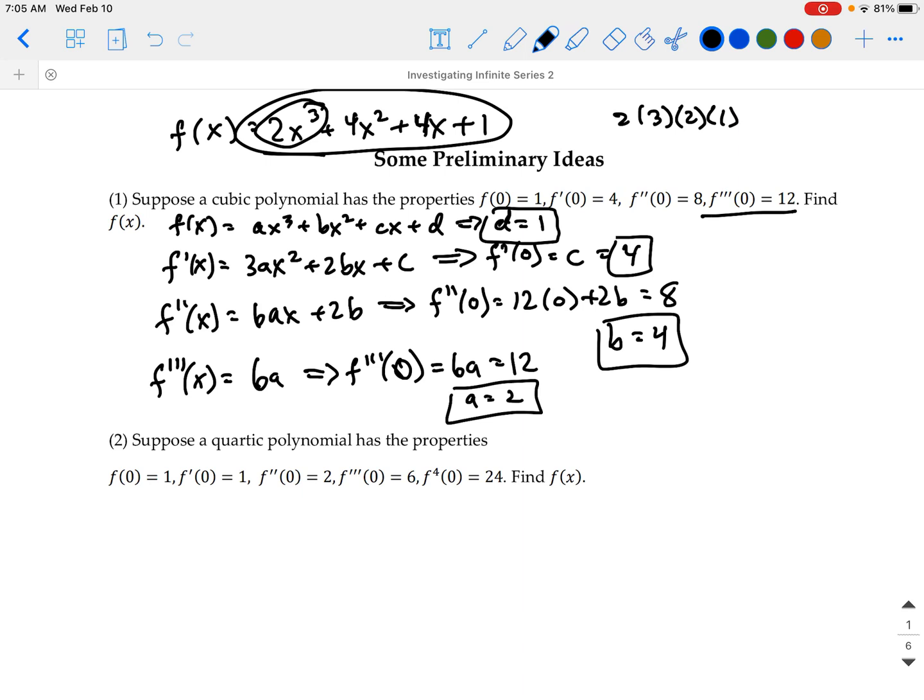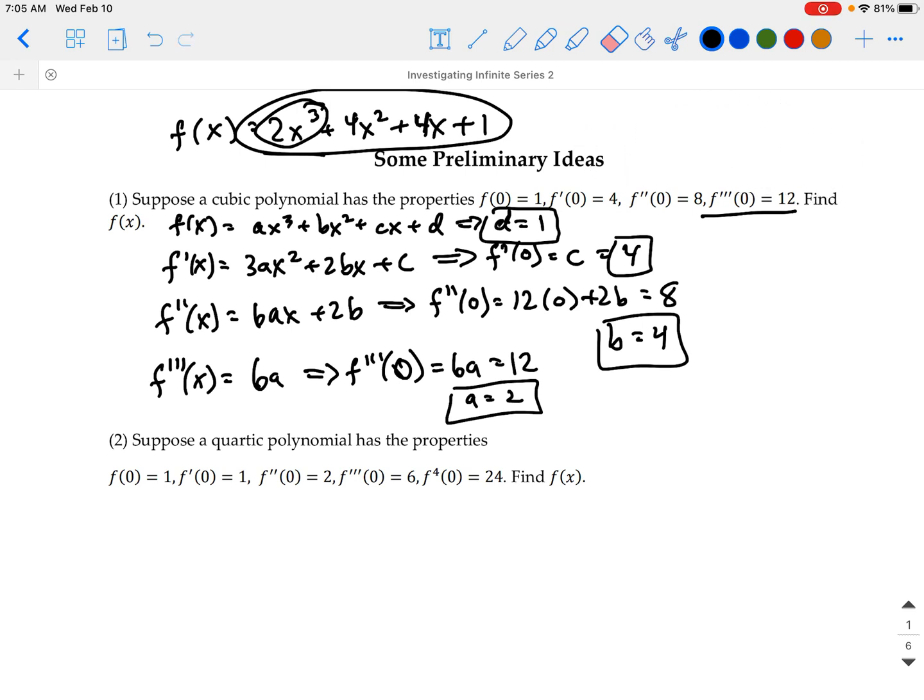And then 1, going all the way down to a constant, which gives me 12. So this would be, again, from f prime, f double prime, and f triple prime. So as we differentiate and use the power rule, there's this multiplier effect that occurs with each derivative in the coefficient.